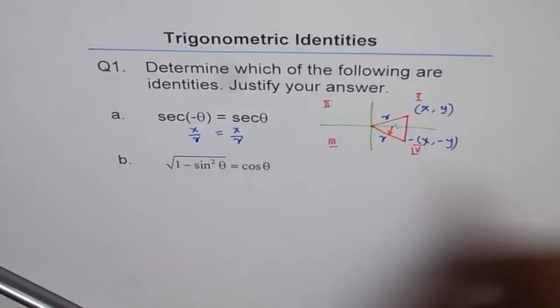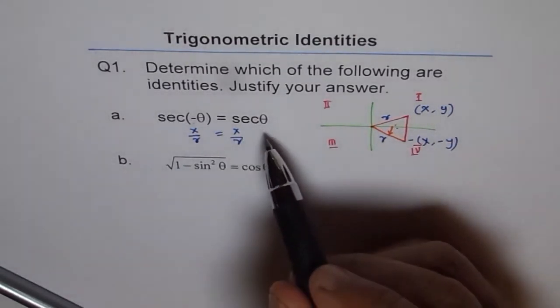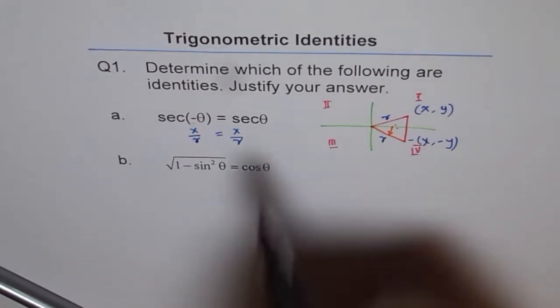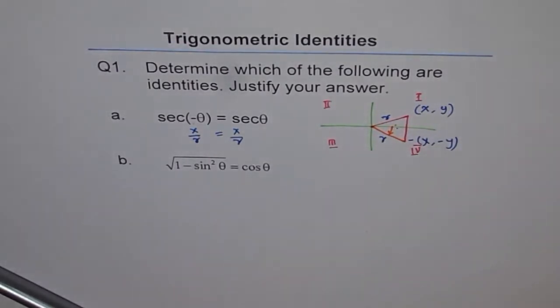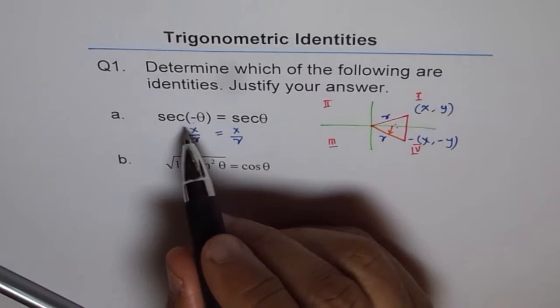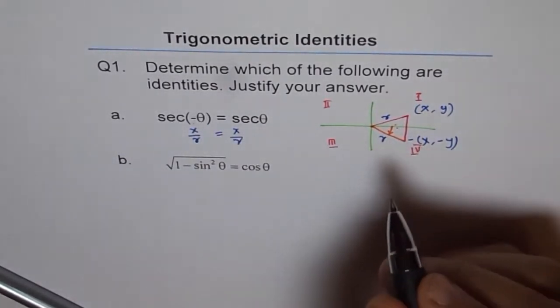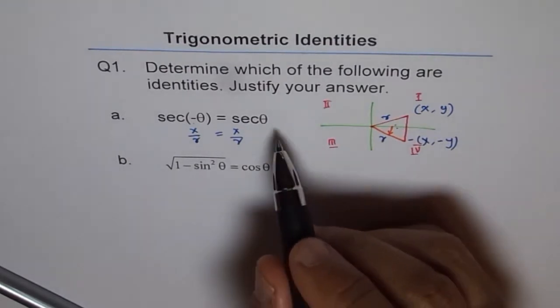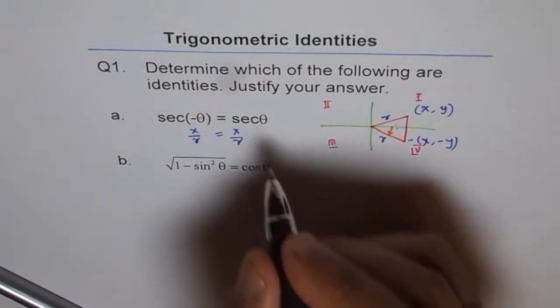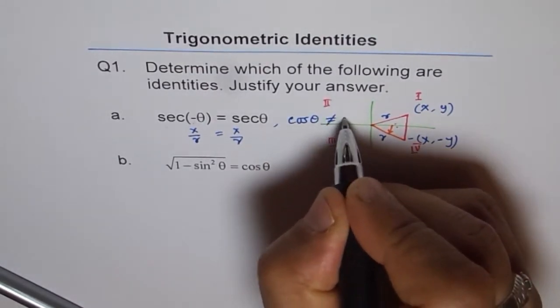We see both are equal and they will always be equal, correct? Therefore, this is an identity, because it is true for all values of x. Now, the only restriction here is that secant theta equals 1 over cos theta, so cos theta should not be equal to 0, right?